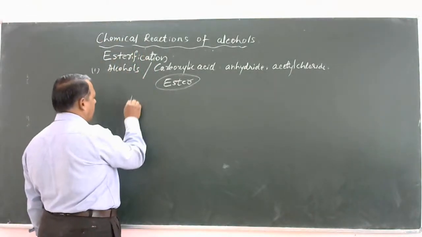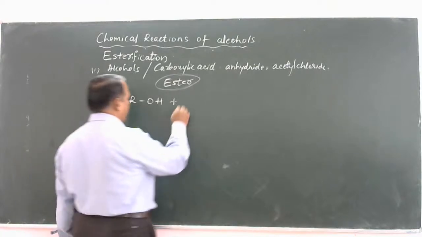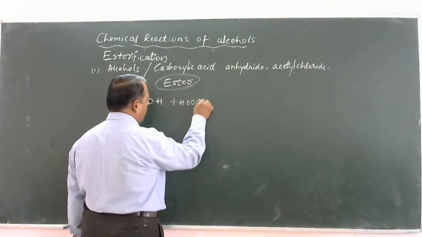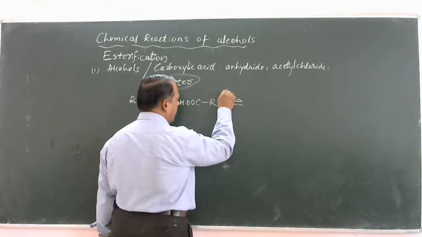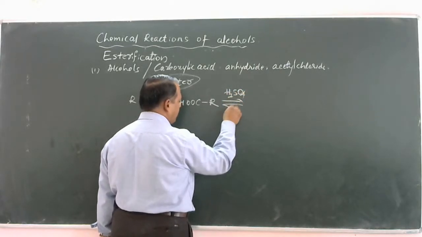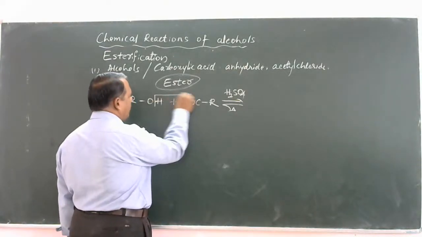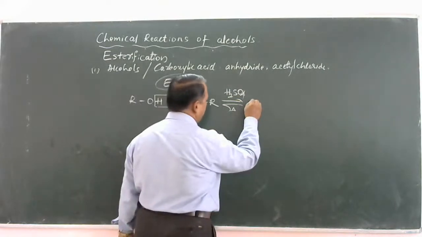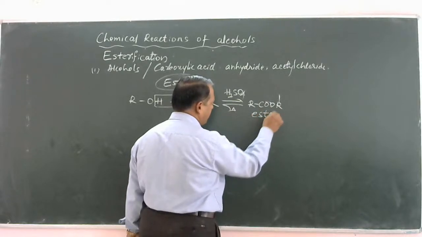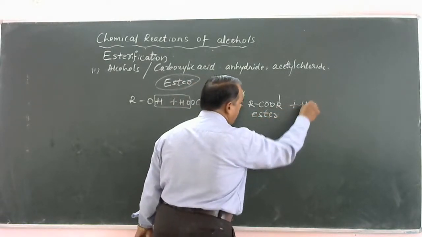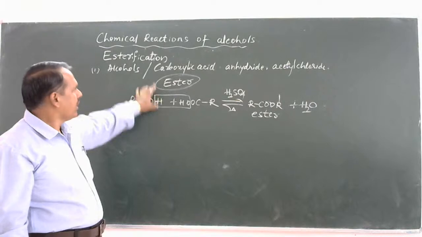See, alcohol ROH, when it reacts with carboxylic acid HOOCR in the presence of H2SO4 on heat, we get an ester RCOOR', by the removal of a water molecule. This particular reaction is called esterification.